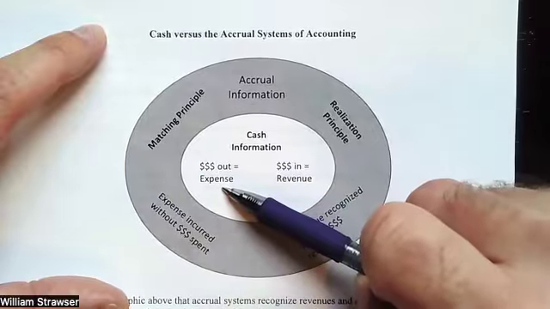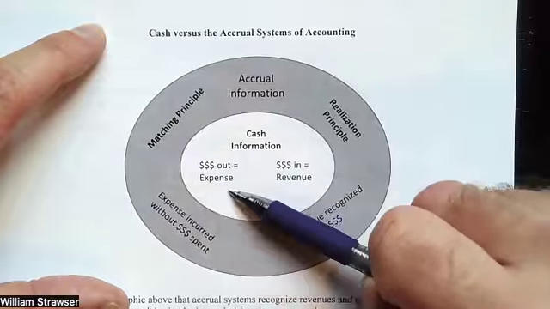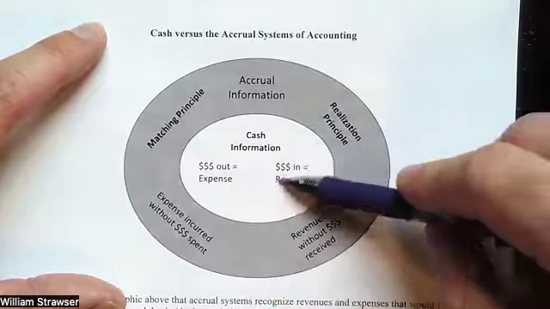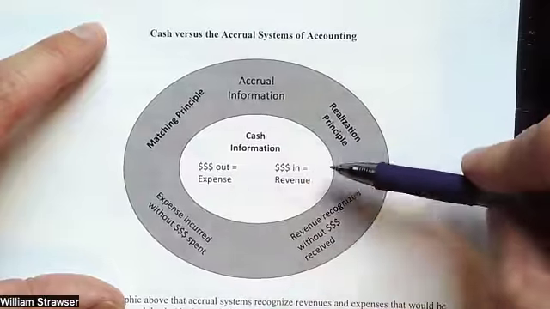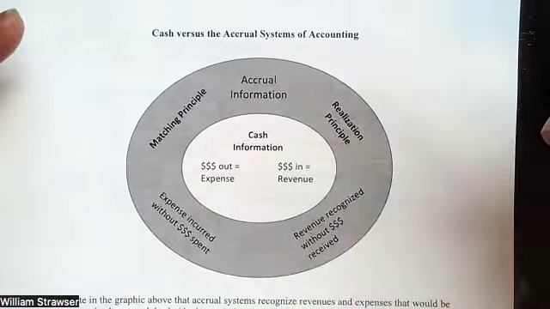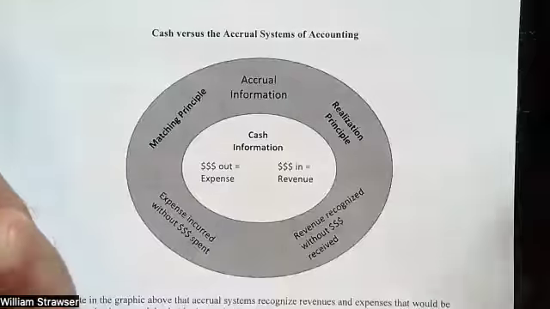They debit an expense and credit cash. Anytime they credit cash, they have to debit an expense, because that is how the cash system works. Anytime cash comes in, regardless of the source, that is a revenue under the cash basis system. So they debit cash and always credit revenue.